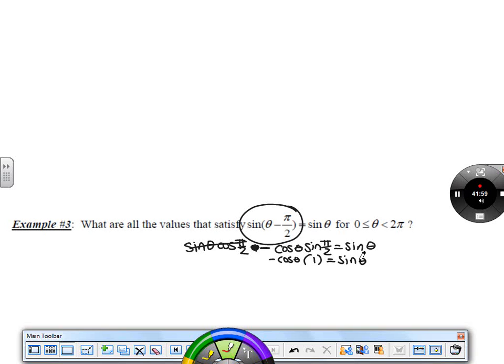Now you guys might think, oh, this isn't going to equal. Well, you're right, okay? Are we trying to verify that this is true? No. We're trying to give them specific angle measurements between 0 and 2 pi that this will work for. It's not going to work for everything. And maybe there's no solution sometimes, just like with lines and systems.